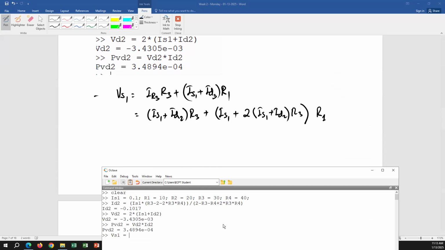VS1 equals IS1 plus ID2 times R3 plus IS1 plus 2 times IS1 plus ID2 times R3 times... That is not S, that's 2 times.